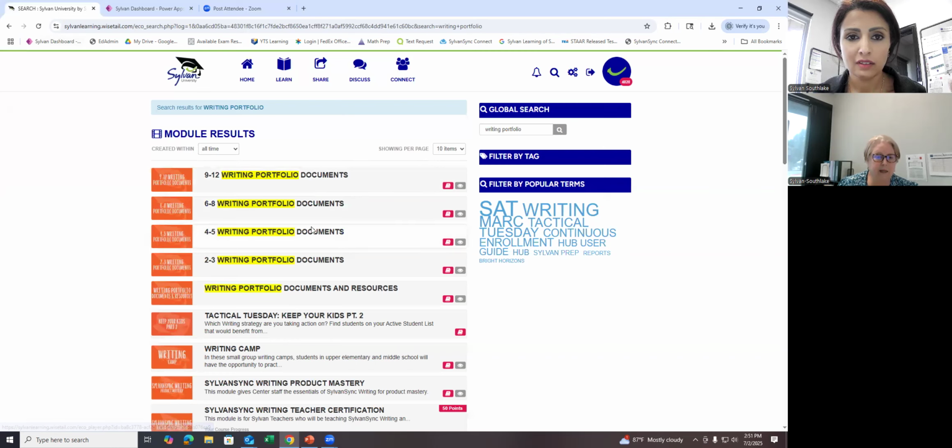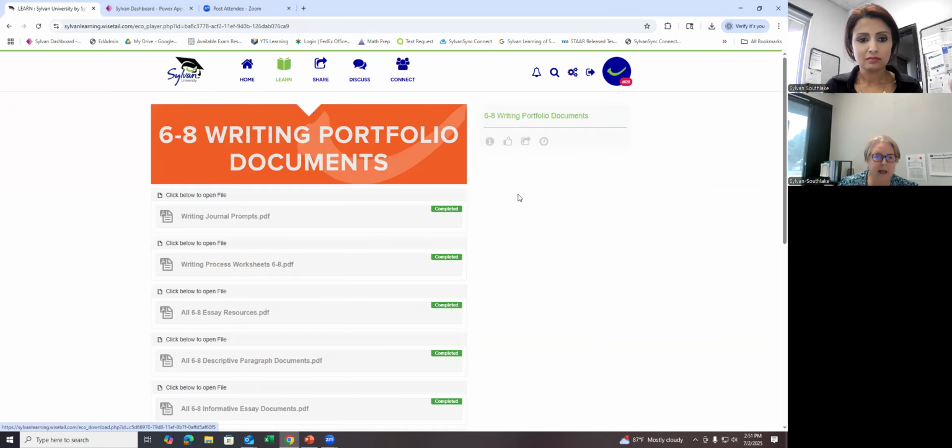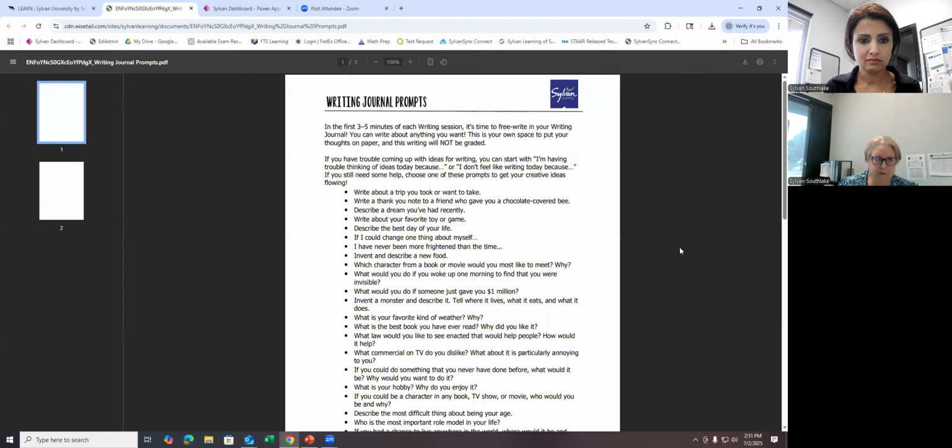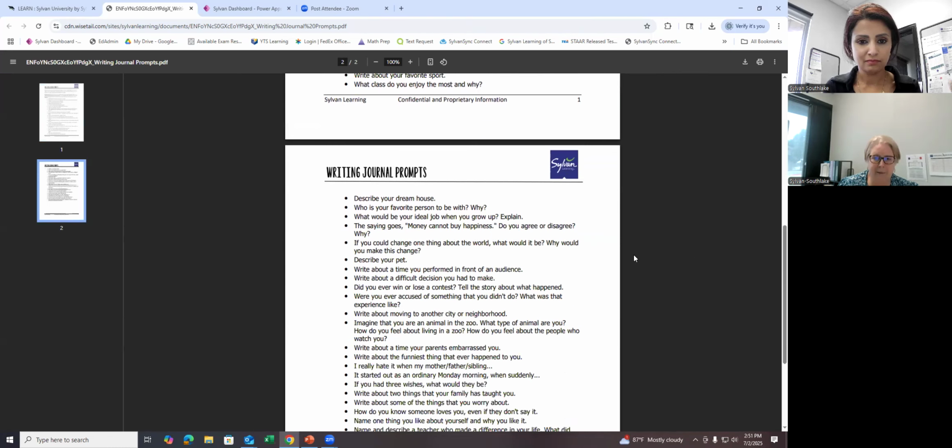So let's say that we're getting our writing portfolio documents ready for someone who's in middle school. So you would just click on that, and then everything you need is right here to get started. You have your writing journal prompts, and with your writing journal prompts, you have a front and back page.